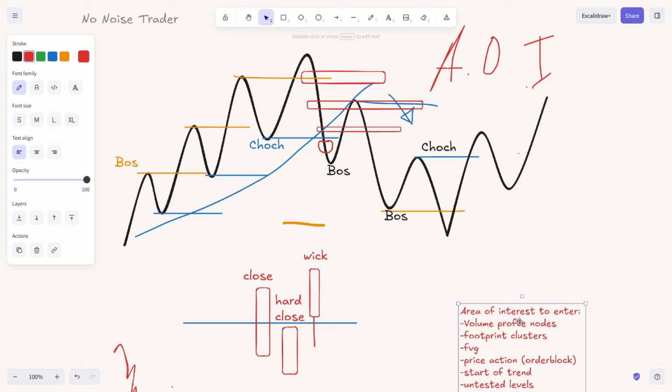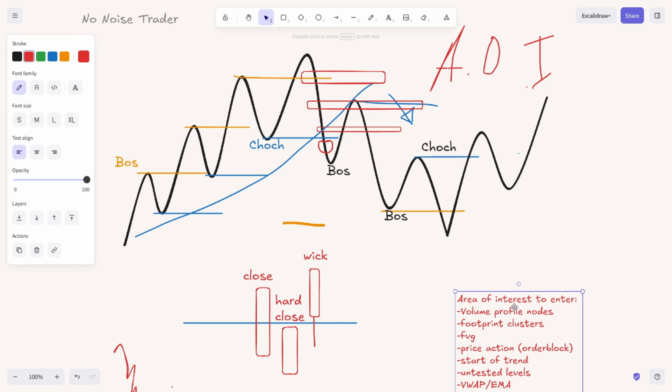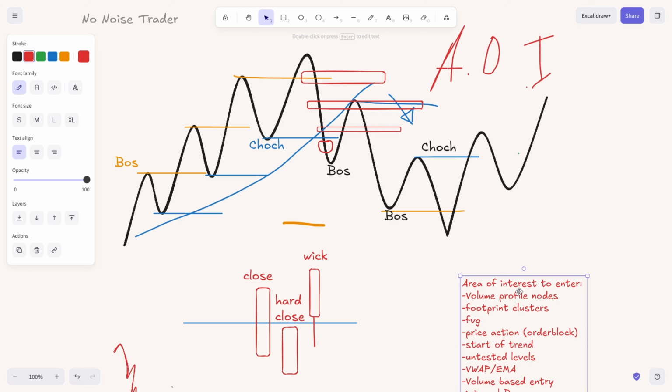We have untested levels. We will see that in more videos. We have VWAP, EMA, and all of those indicators that could help us. There is volume-based entry, meaning you analyze the volume and check each candle. It's close to the footprint clusters.